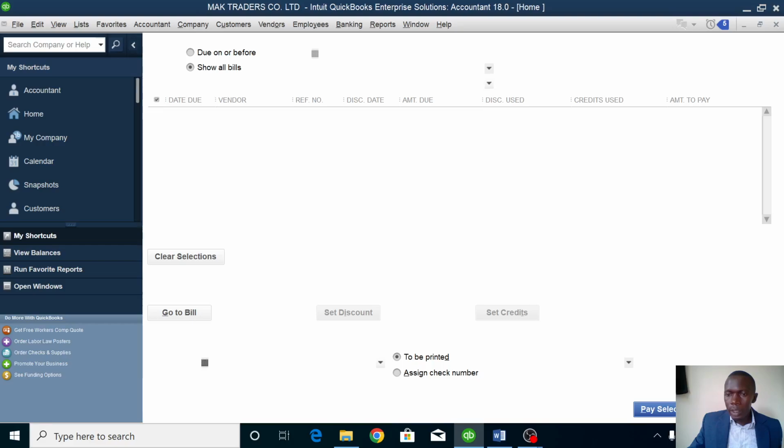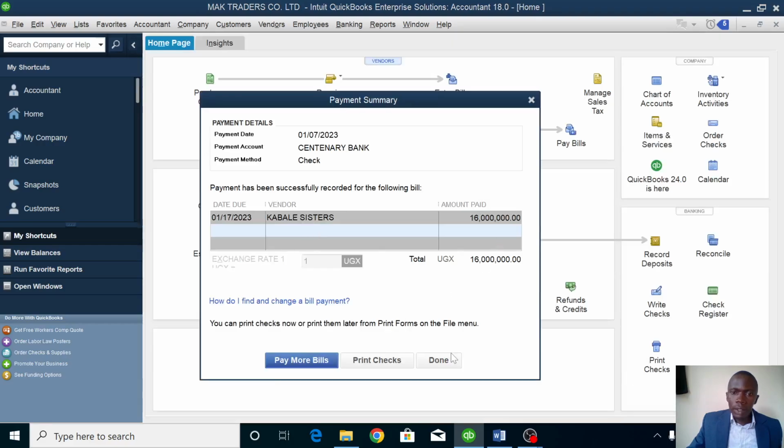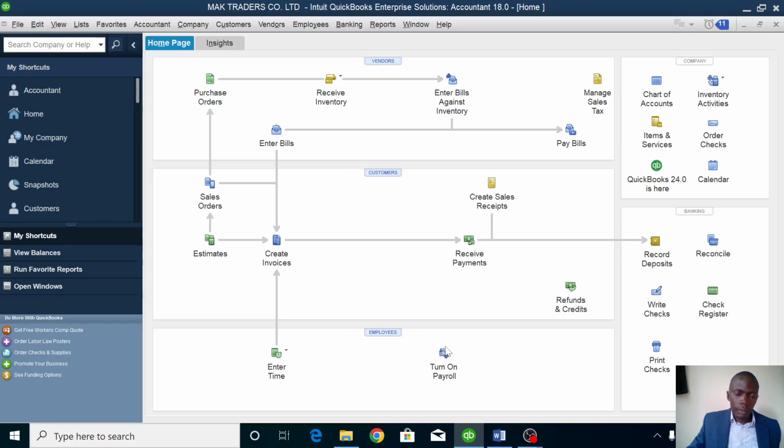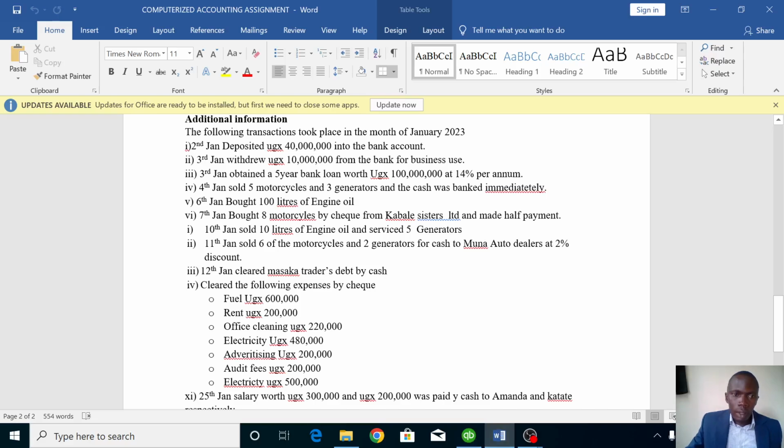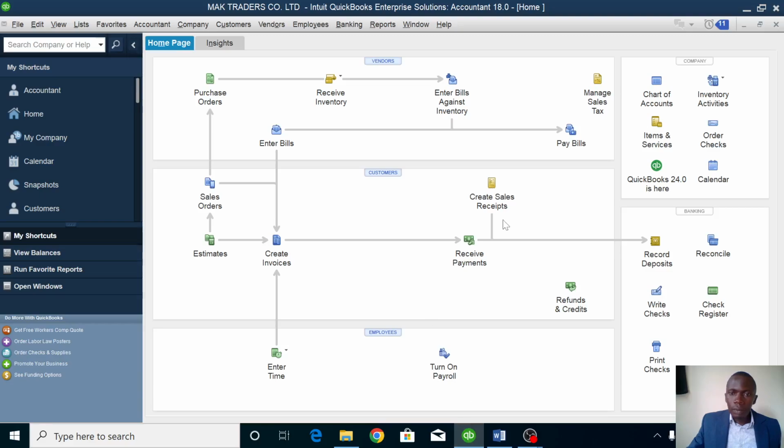We select pay selected bills. We say that we are done. And then we go to the next transaction. The next transaction is sold 10 liters of engine oil and serviced 5 generators, meaning it is cash. Go to create sales receipts.